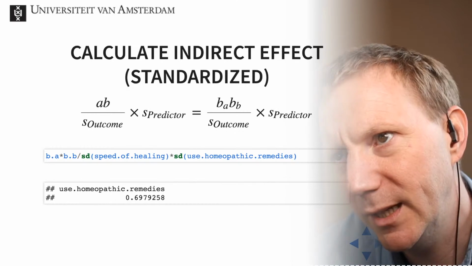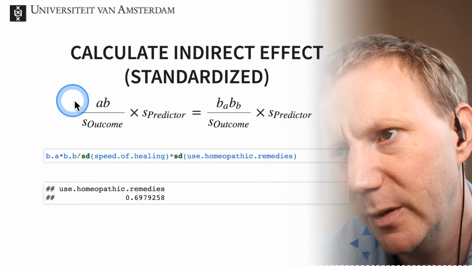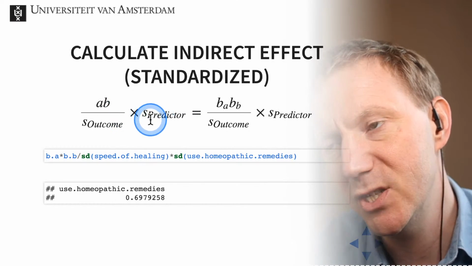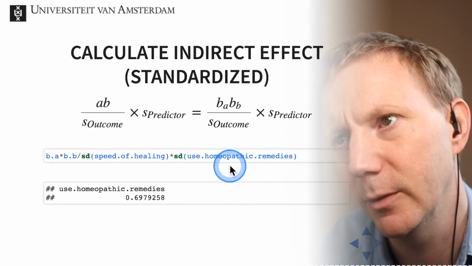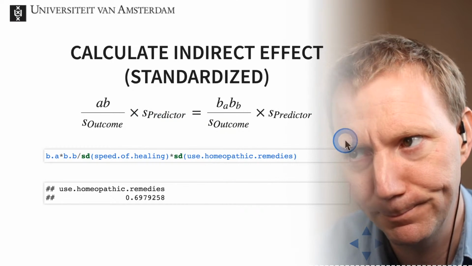The completely standardized indirect effect is essentially the same as the previous step, but now we also multiply by the standard deviation of the predictor variable, and that makes it the completely standardized effect size.